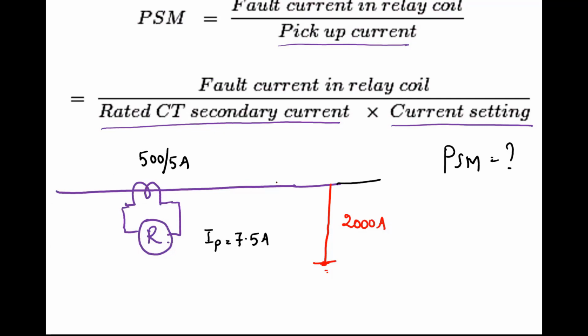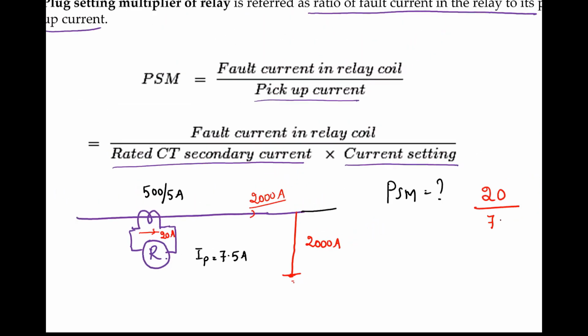Now the current flowing through the CT is 2000 ampere. For 2000 ampere, what is the relay current? Relay current is 20 ampere. So my PSM is the ratio of fault current through the relay coil, that is 20 ampere, and the pickup current, 7.5.